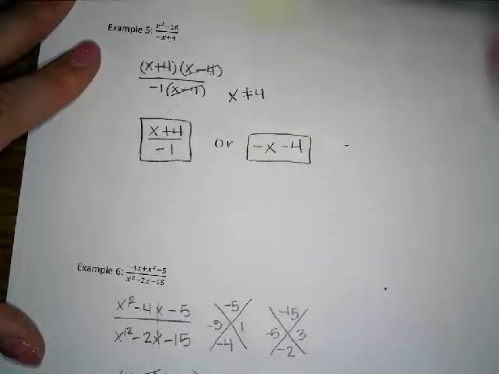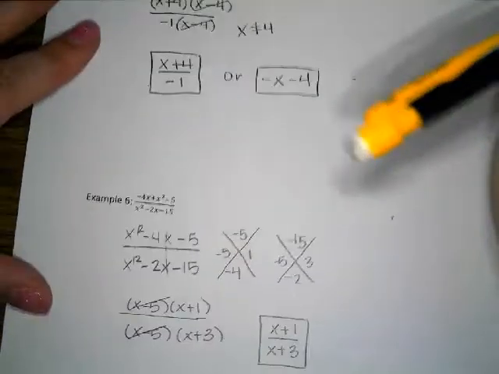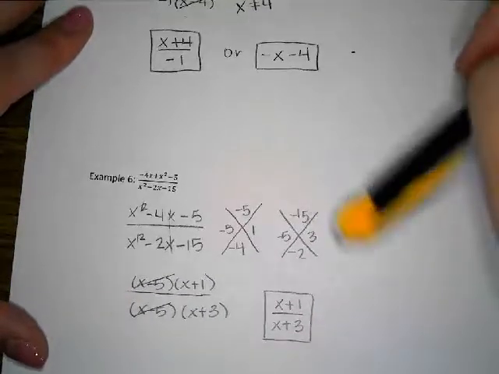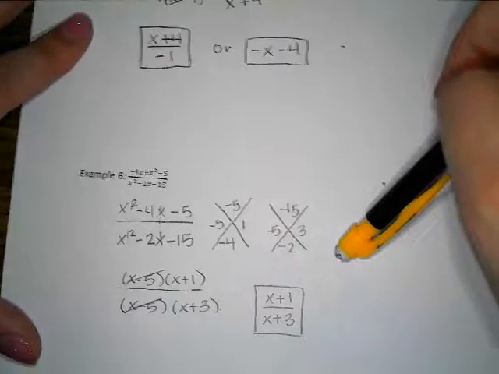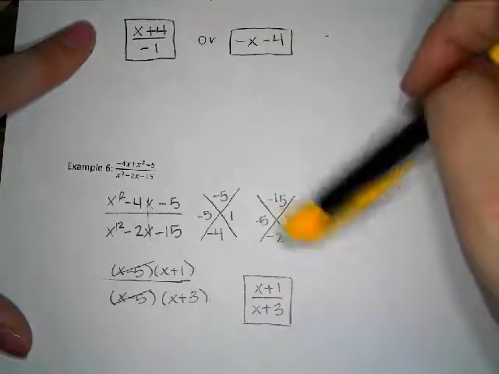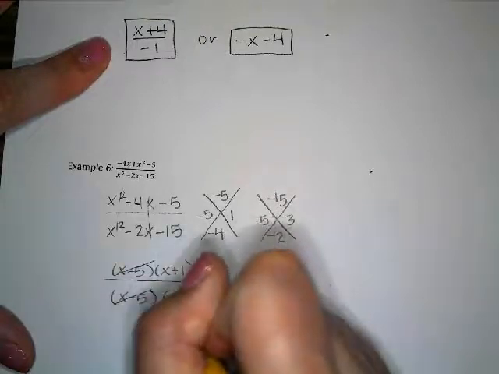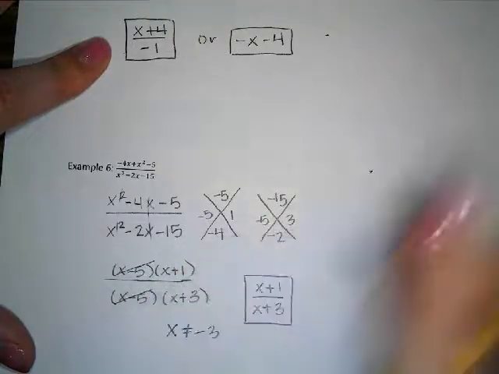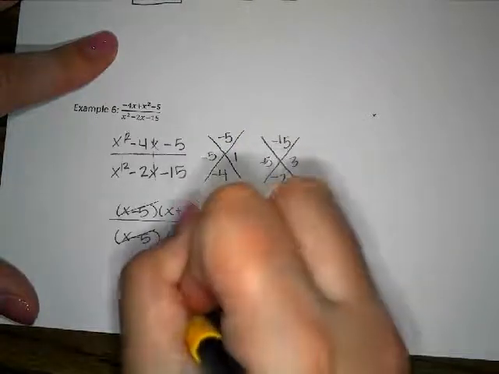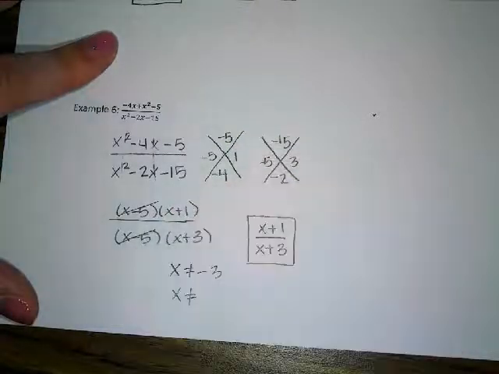And then for number 6, it's going to be -3 is true, but 0 is not. -3 and another one. You're close.